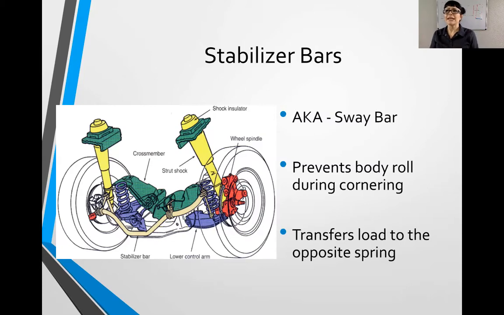Now, when you start to get into nicer models of cars, maybe the higher end submodels, a lot of times they'll put in rear sway bars. Here's something to think about. Lots of people want to be gung-ho on their performance. So I'm going to get stiff springs and I'm going to get a stiff sway bar. You don't want to do that. Two big things that control the amount of body roll you have are your springs and your stabilizer bar.